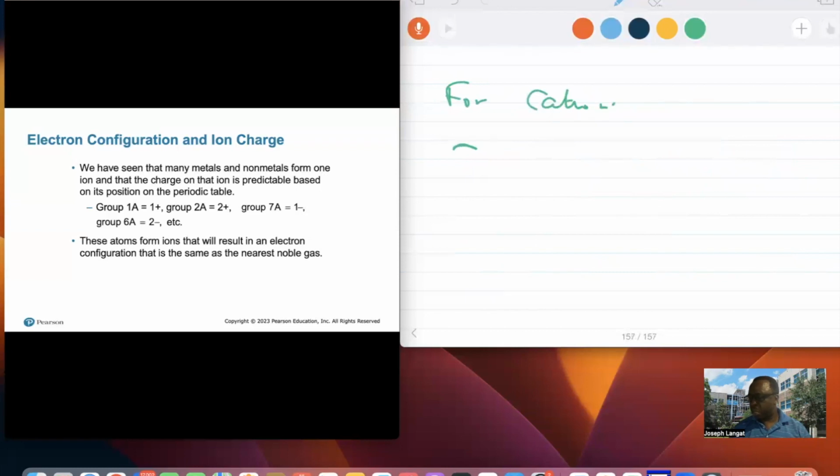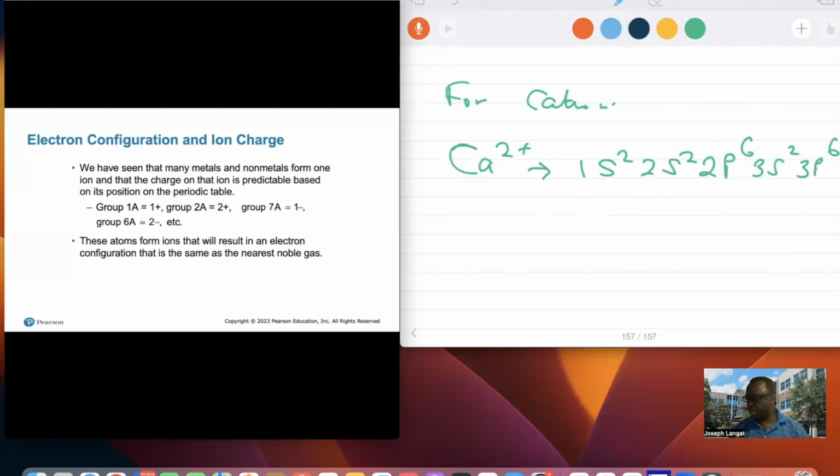For cations, that is calcium ion. This is 1s2, 2s2, this is 4, 2p6, 10, 3s2, 12, 3p6, 18. But since we have lost the 2 electrons in the 4s, we remain with 18.